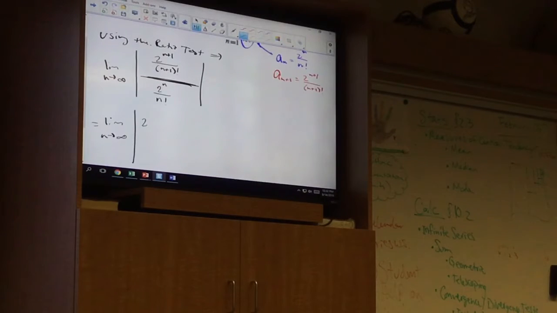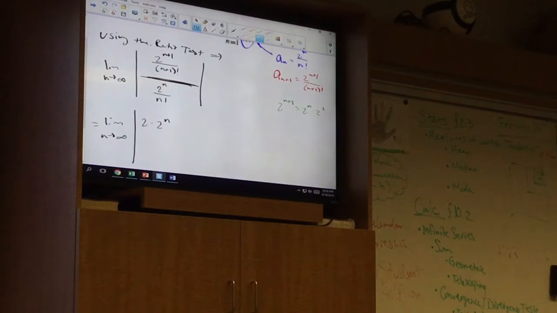Can I write that as 2 times 2 to the n and you'll be alright with it? Isn't it true that 2 to the n plus 1 is equal to 2 to the n times 2 to the first?